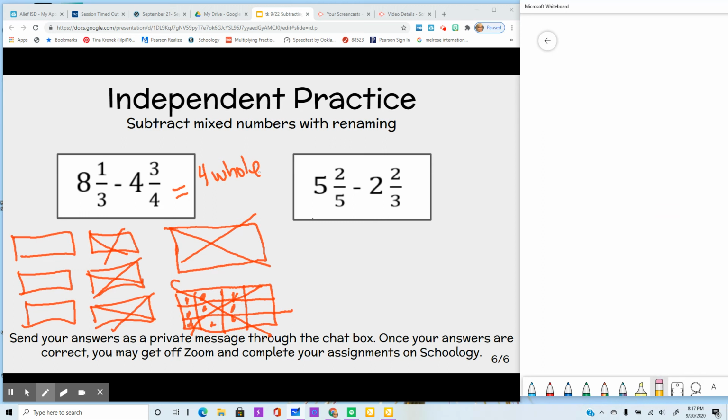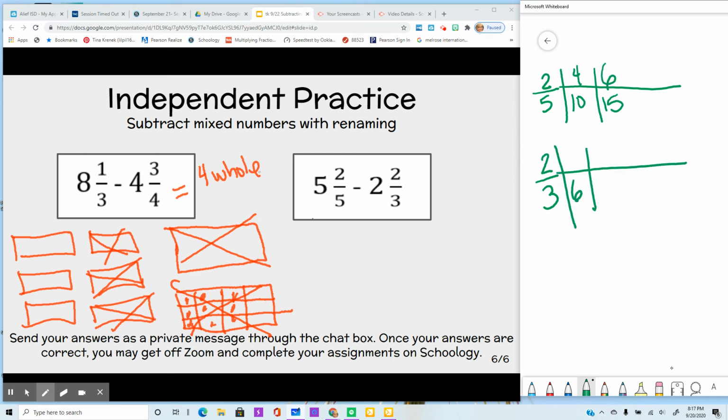All right, let's take a look at our 2/5 and 2/3. If we look back, we said that that was 15ths, 2/5 and 2/3, 10, 15, 4, 6, 6, 9, 12, 15, 2, 4, 6, 8, 10.